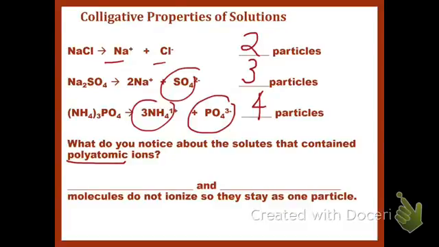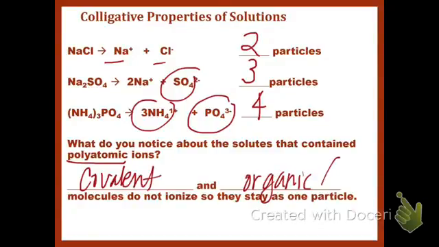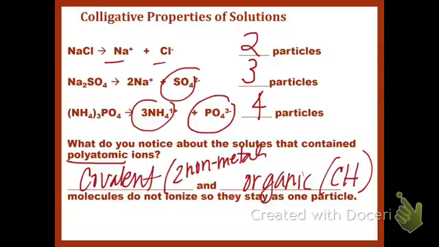Okay? If it is something that is covalent, or an organic molecule, and of course remember organic is like hydrocarbons, they have carbon and hydrogen, and covalent is 2 or more nonmetals. They stay together as only one particle. They do not break apart because they don't ionize.